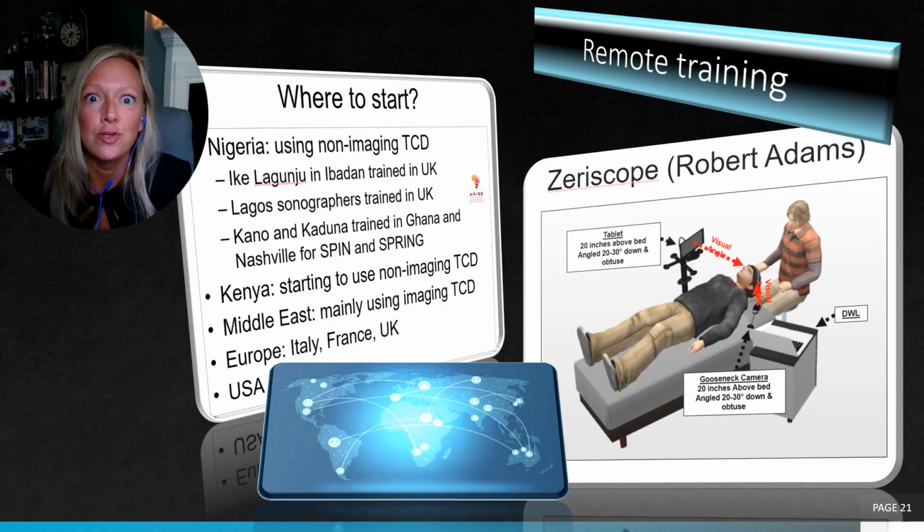So the tools we have used when performing remote training include what we have available to us. We have used the Xeroscope, which was provided through Dr. Robert Adams, and you can see in the diagram here how we have set up our stations so that we could see the right side and left side of the patient being scanned, so we could ensure proper probe placement and advise on how to optimize the angle and to find the middle cerebral arteries optimally.